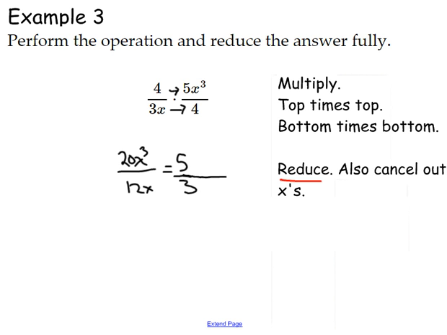X to the third is really x times x times x. And x is just x. So what happens, right? I'm going to cancel out x's. So I know that one of these x's has to cancel out with one of these x's. So my final answer is 5x squared over 3.